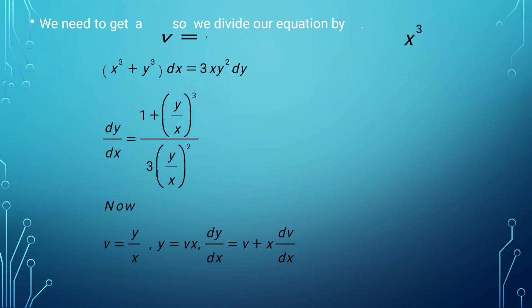So next, what do we need to do? We need to rearrange this in a way that we can now deal with it. We put the x's together, dx and dy on the same side, dy over dx. But before that, we remember one thing: we remember that v is equal to y over x.